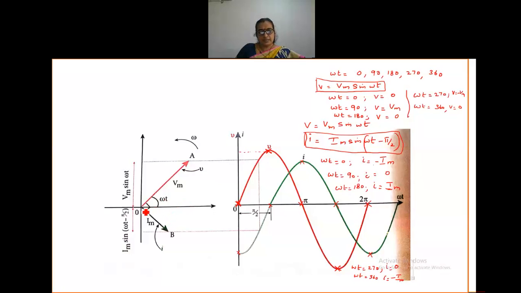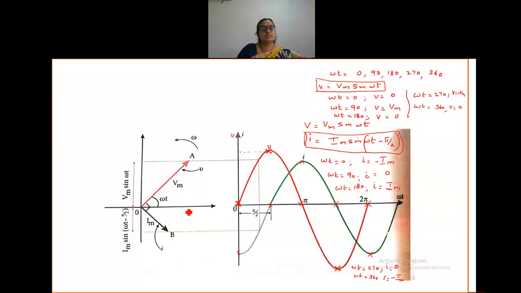So here this is the voltage phasor. This length is nothing but Vm, the maximum voltage amplitude. This is the current phasor, and the angle between them is pi by 2, because the phase difference between them is pi by 2. So the angle between them is 90 degrees. Since the current lags behind the voltage, the current phasor is drawn here.